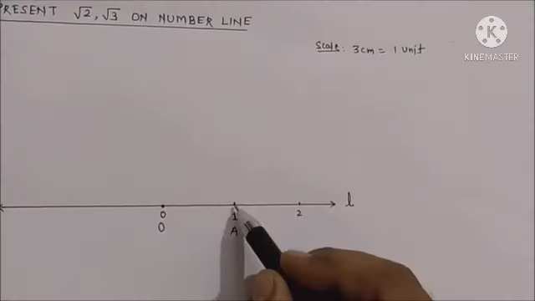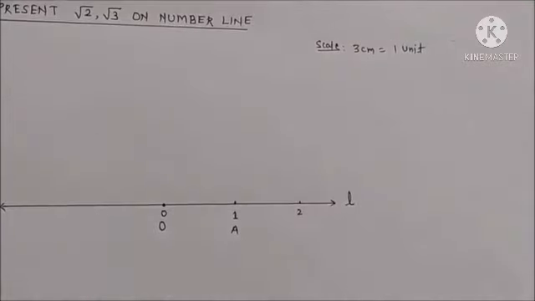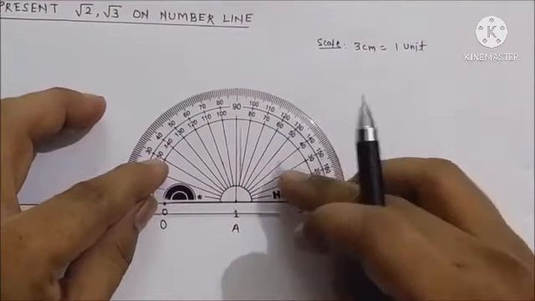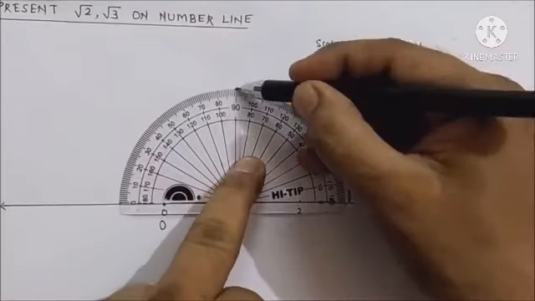Next step, at this point A, you are going to draw a perpendicular. Take the protractor and draw a perpendicular at this point.